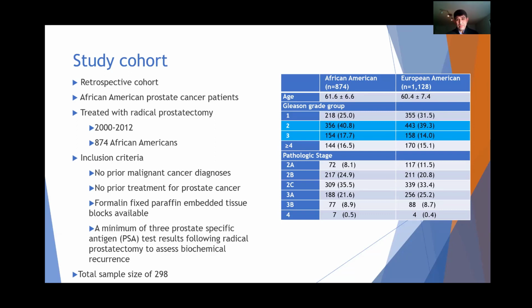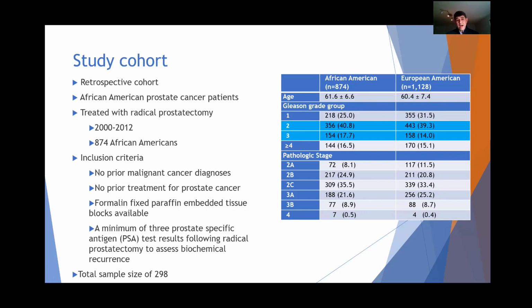Again, these were all individuals who were treated with radical prostatectomy. The other thing I wanted to point out is that the vast majority of the tumors fall into these intermediate groups, where there's a lack of clarification as to what exactly should be done in terms of treatment for those particular patients.